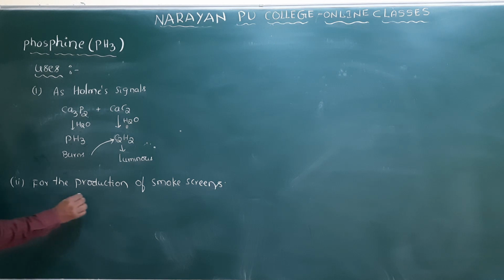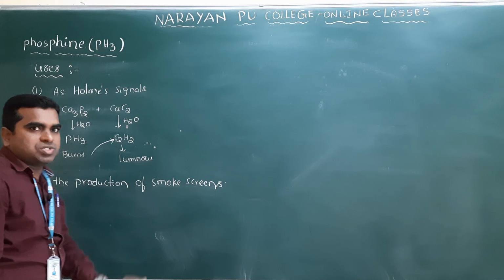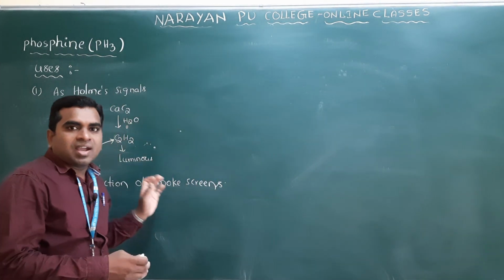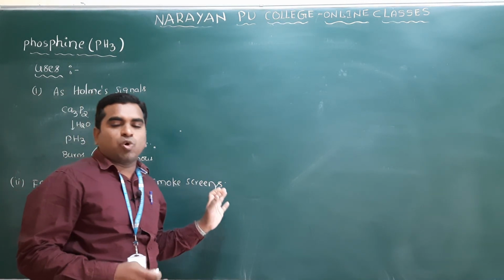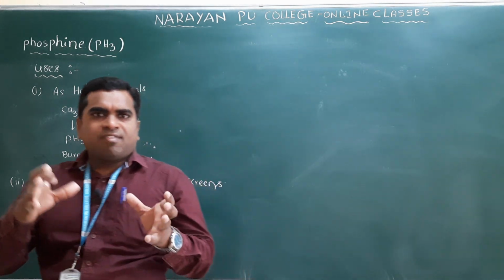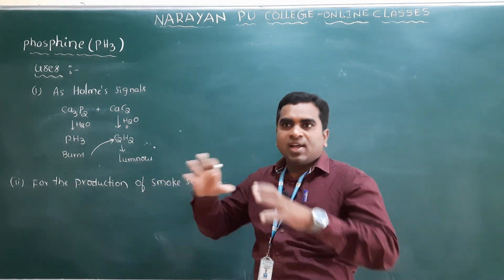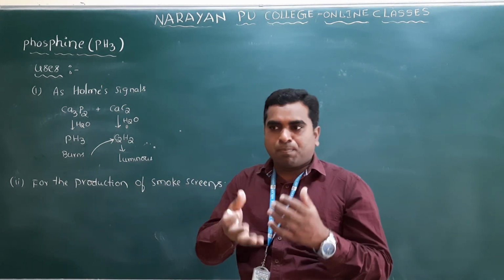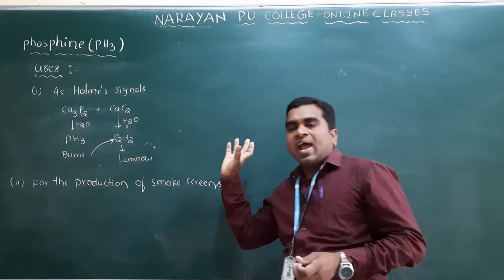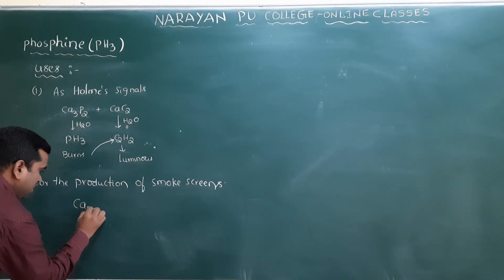Next, it is used for the production of smoke screens, mainly during war. Shells containing calcium phosphide are exploded by the warships. When war takes place between two countries, they mainly use this. They fill the shells with calcium phosphide and explode them, and it comes into the atmosphere.